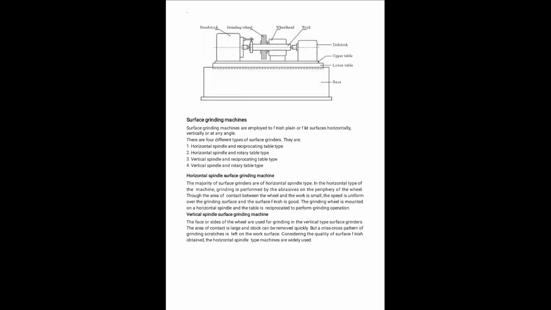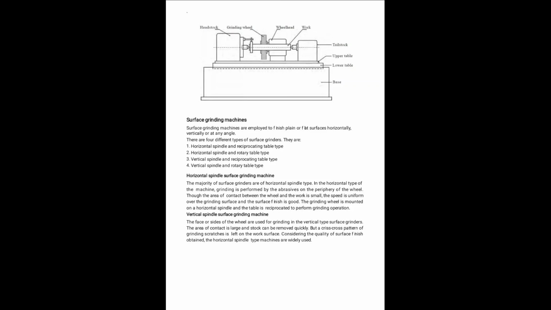In the vertical spindle surface grinding machine, the face or side of the wheel is used for grinding. In the vertical type surface grinder, the area of contact is large and stock can be removed quickly, but a crosswise pattern of grinding scratches is left on the work surface.